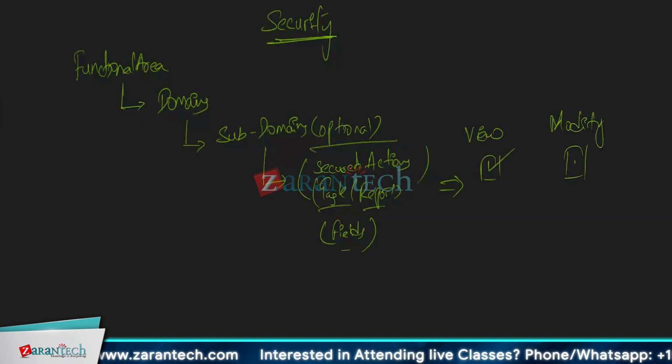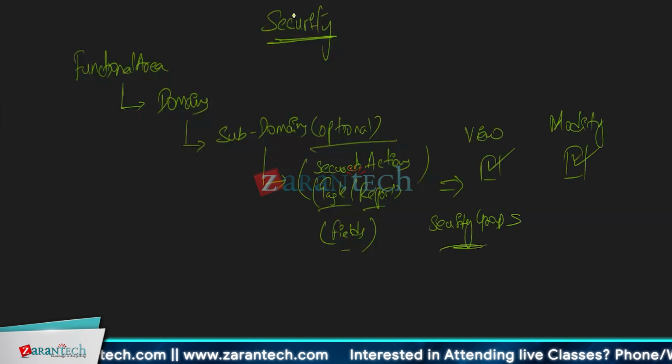Depending upon what you select, that is the access that will be provided. So if you selected modify access, whichever security groups that you define here will determine what will be the access provided to that particular domain and subdomain.